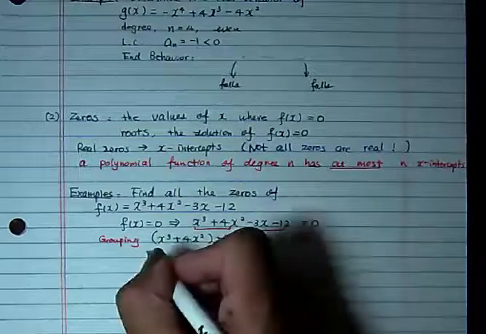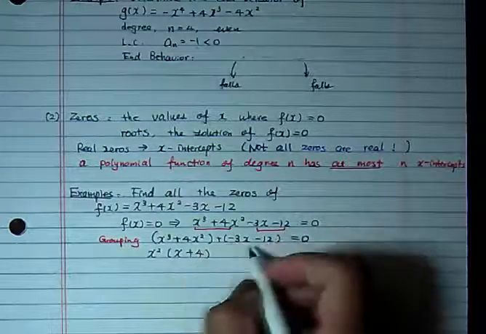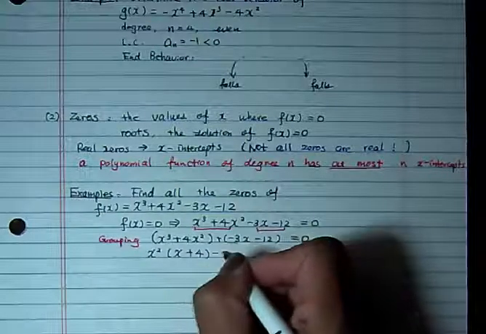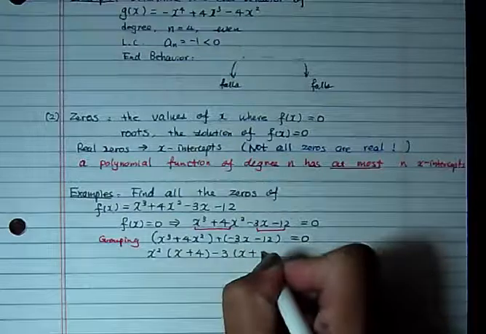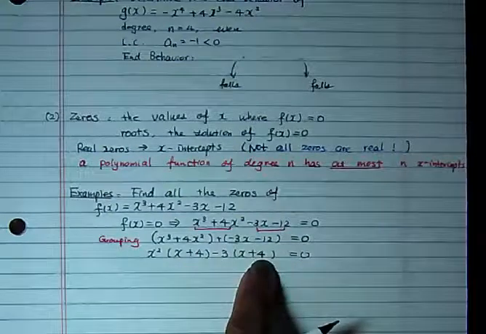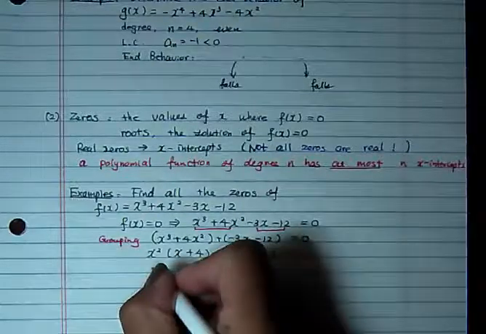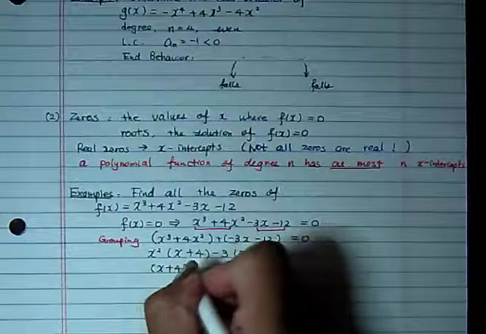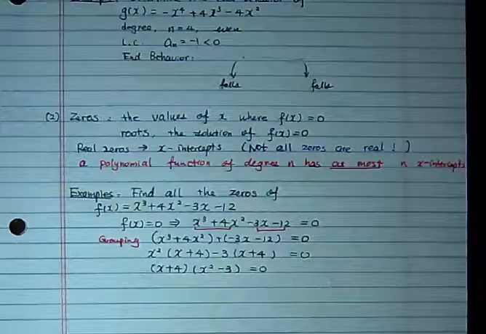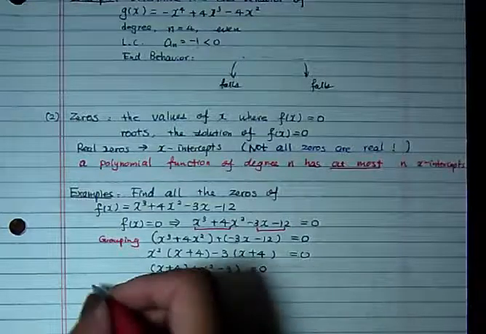So we factor out x squared, and we have x plus 4. And in this one, we can factor out negative 3. So minus 3 times x plus 4 equals 0. Between these two terms, x plus 4 is a common factor. So that's x plus 4 times x squared minus 3 equals 0. The reason we want to factor is so we can apply the zero factor property.